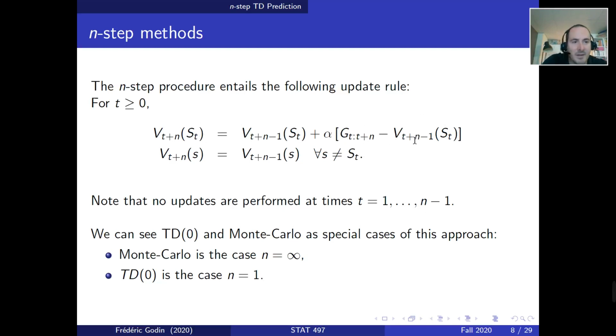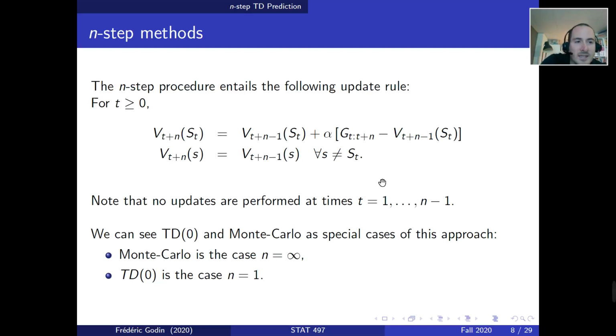Okay, so we still have the same structure. The next estimate is the current estimate plus some adjustment, which is always the learning rate times what we call the error, and the error is the target minus the current estimate, where the target is something whose expected value should be as close as possible to the true value function in state s_t. Okay, so this is the update rule.